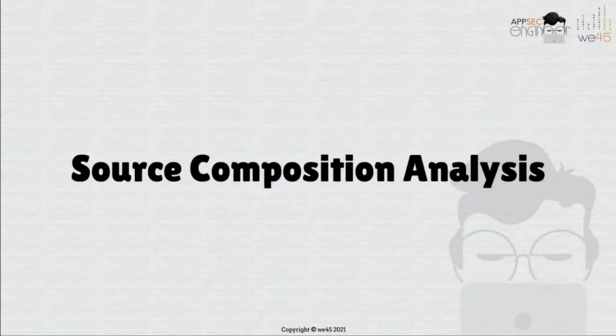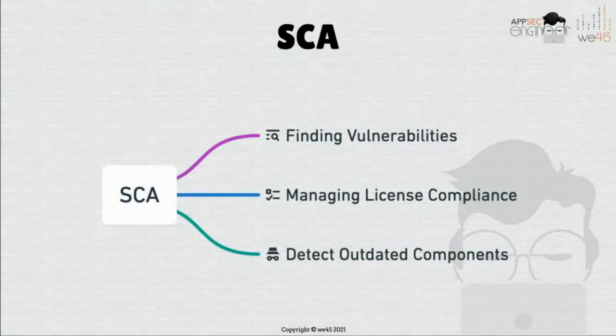On a very quick note, source composition analysis as well. Again, SCA, on the other hand, is used to find vulnerabilities. It can also be used to manage license compliance, right? So currently, most of these source composition analysis tools do not support hardware supply chain security or IoT, but at the same time, you can generate an SBOM.